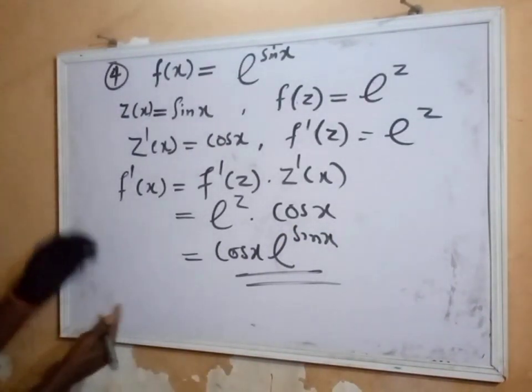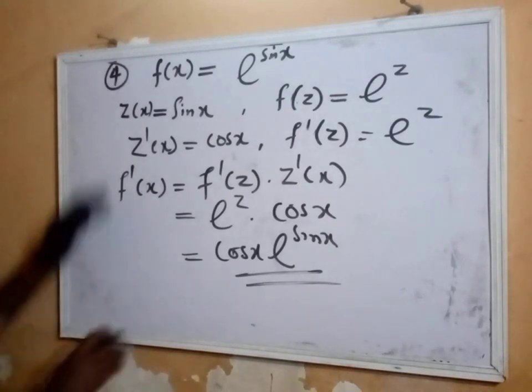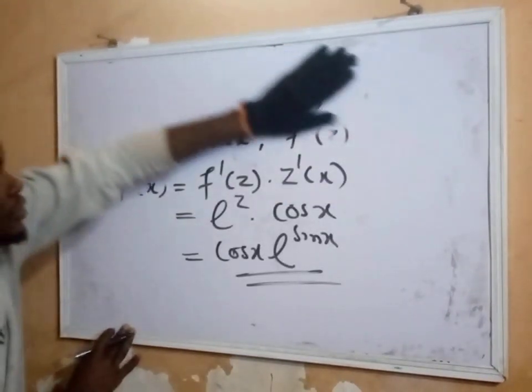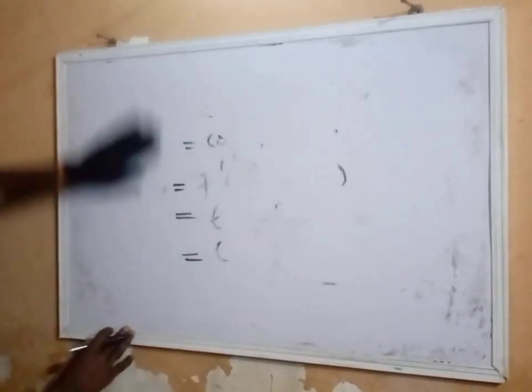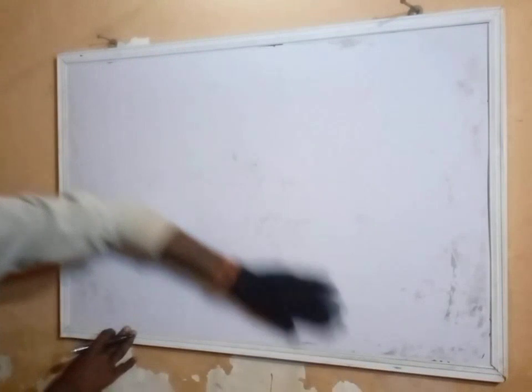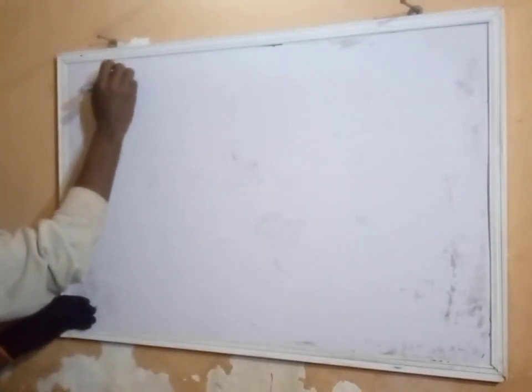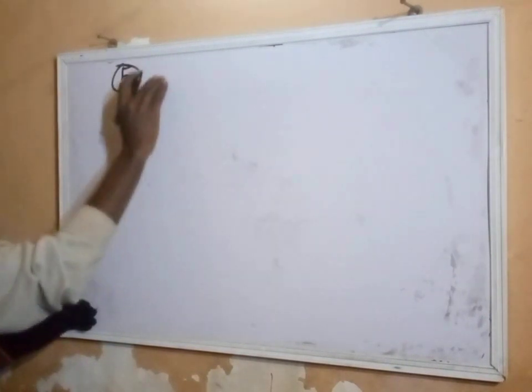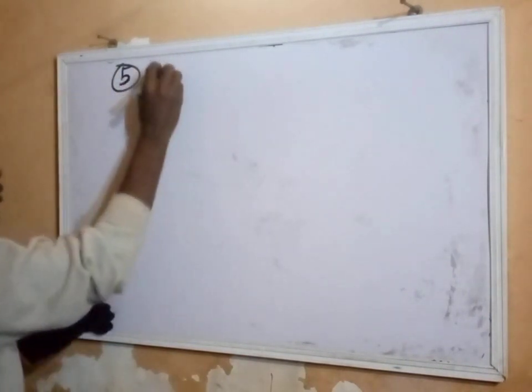Okay, let's see another example. Another example for this function of a function, which you need to know, is when I have something like a root in a trigonometric function.